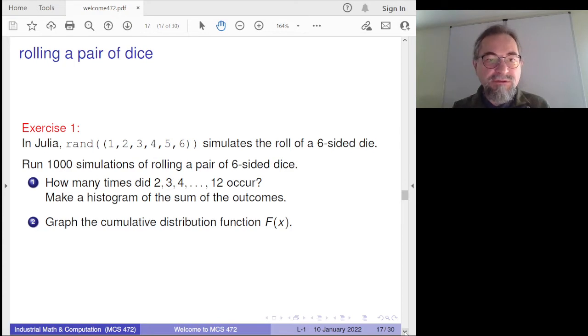With 1000 simulations of a pair of dice, so when you take the sum, you will see that the number of outcomes of having, say, 2 and of 12 could now be the same, but it will be different from having 6. So you will intuitively expect that you will see a spike at the middle values. So in some sense, rolling a pair of dice is already a more interesting probability density function.